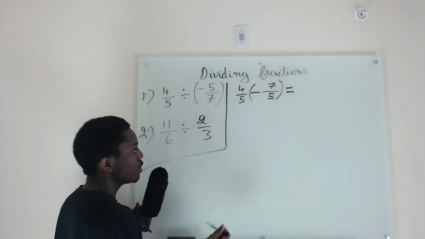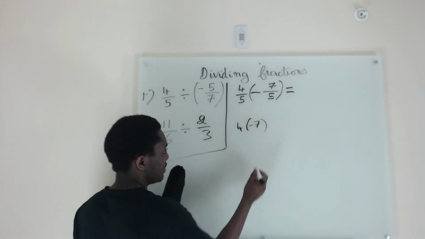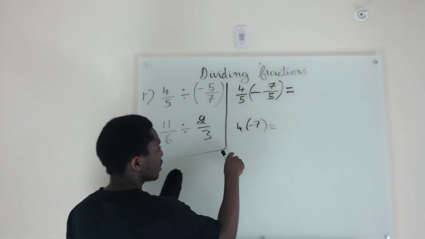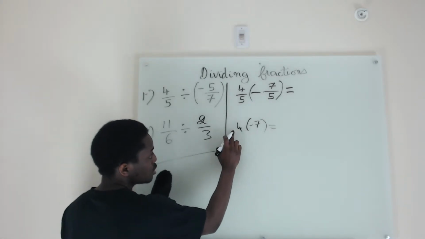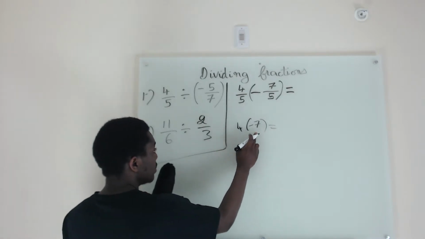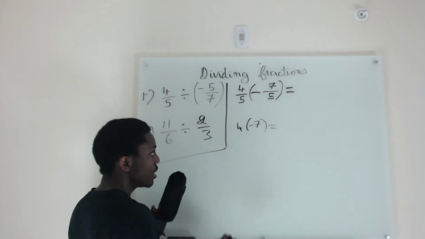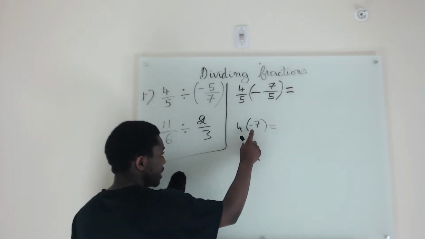So 4 multiplied by negative 7. What we do first: the sign of 4 is what? Positive. Remember, if there's no sign, the sign is positive. To multiply two numbers, you multiply their signs first. The sign of 4 is positive and the sign of 7 is negative.